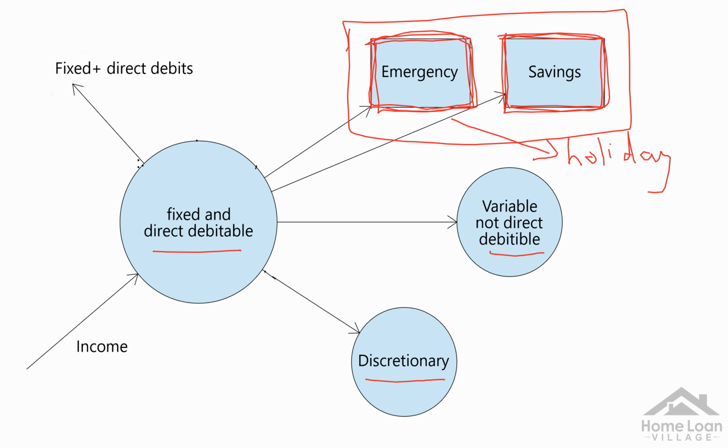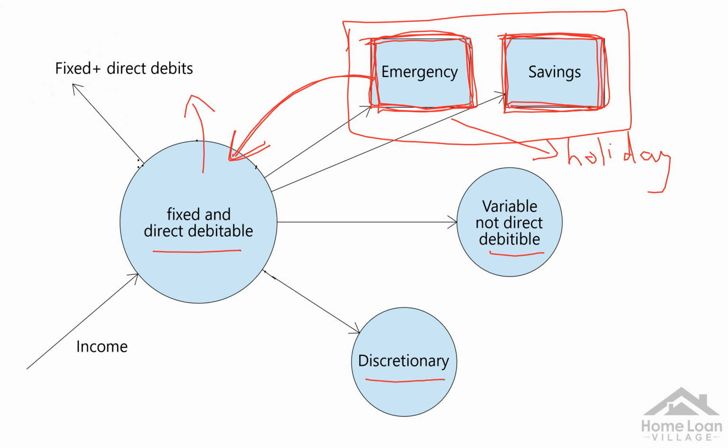Now, do you actually need to have a card connected to these or anything like that? I would say no. I would say it's good to be able to push the money back in here quickly if needed. So obviously the emergency funds, you want to be able to use them in an emergency, jump on your phone app, send it back into that account. It's there straight away, and then you can spend for that emergency from there.